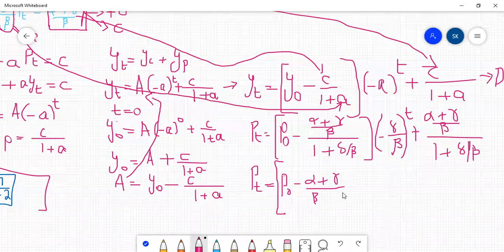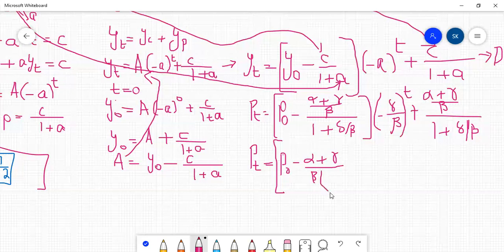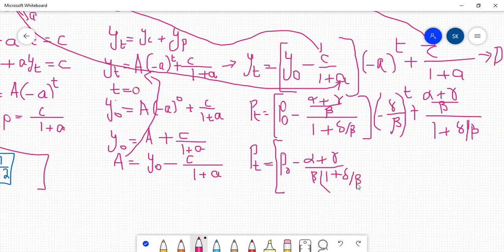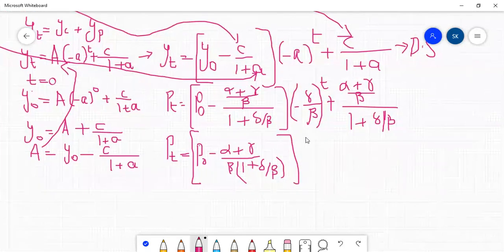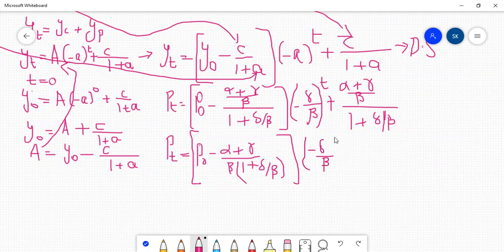So therefore, it will become like this, beta into 1 plus sigma upon beta, then close this bracket, close the other bracket, we will get minus sigma upon beta. Now this calculation needs to be correct at all costs in order to get the correct results. Therefore, I'm doing all the steps over here for you people.